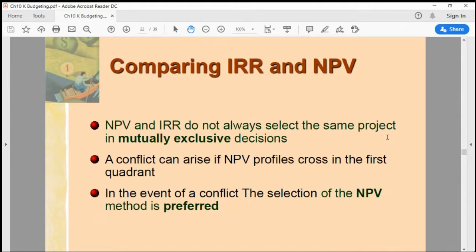If there's a conflict like that, it matters if the net present value profiles cross in the first quadrant, right?